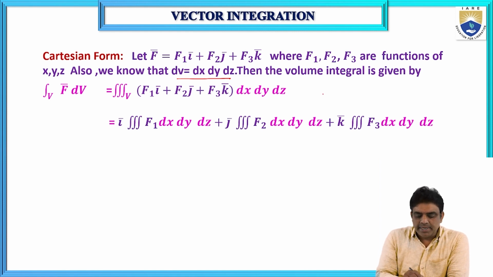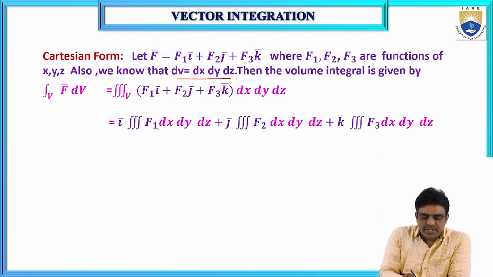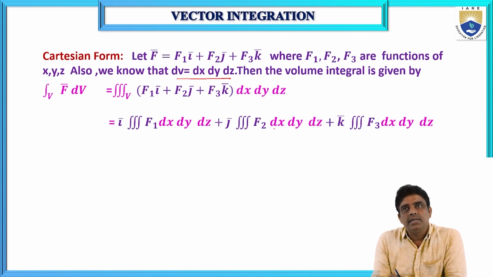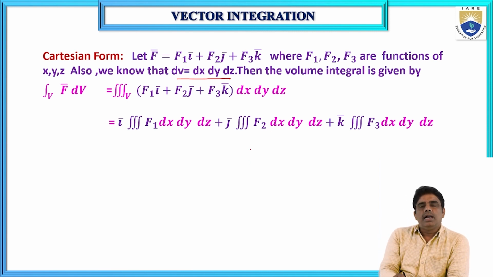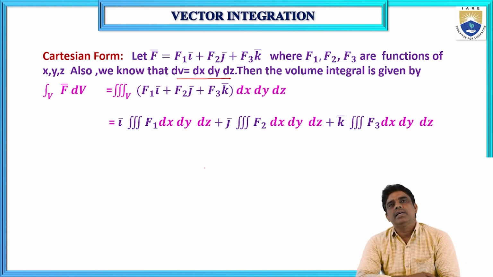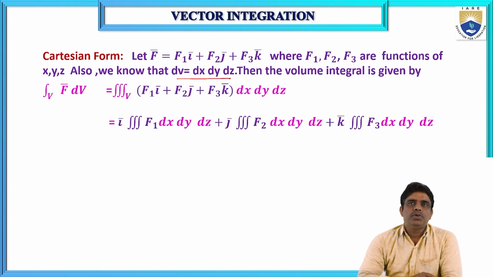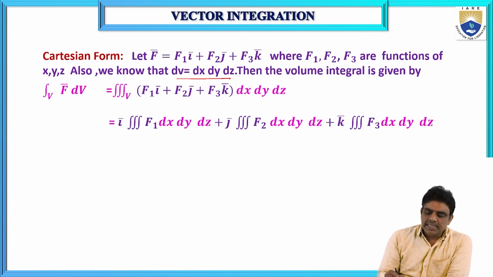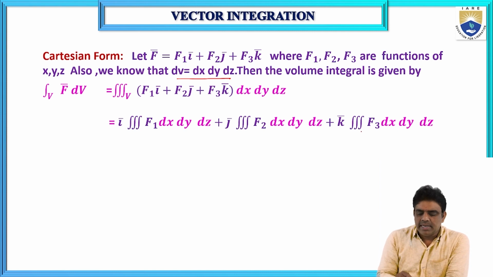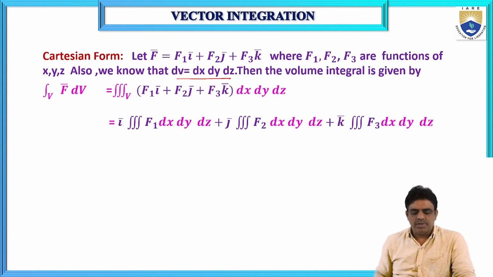I can split this into three terms as i bar coefficient, j bar coefficient and k bar coefficient: i bar times the triple integral of f1 dx dy dz, plus j bar times the triple integral of f2 dx dy dz, plus k bar times the triple integral of f3 dx dy dz.